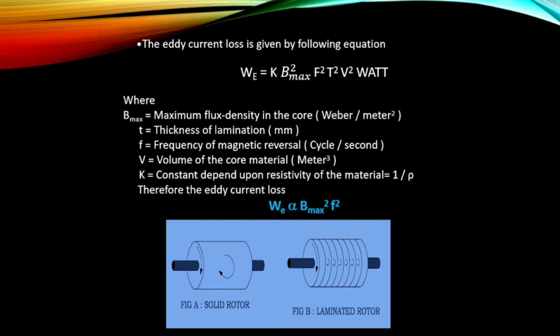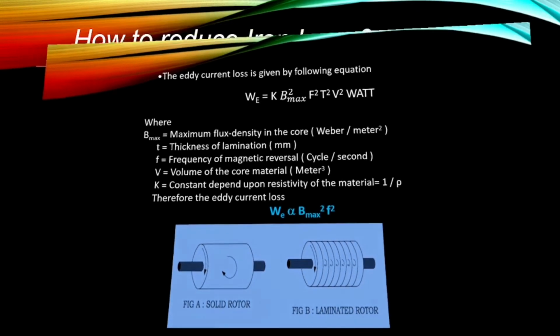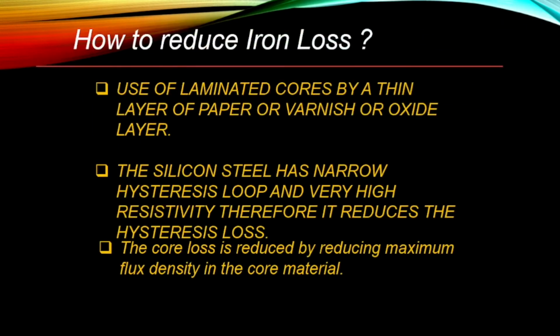See, in the first figure A, this is a solid rotor, and in the second figure, a laminated rotor. The laminated rotor is cut into pieces and attached together to reduce eddy current losses. How to reduce iron losses? Use thin laminated cores insulated by a thin layer of paper or varnish or oxidized layer.